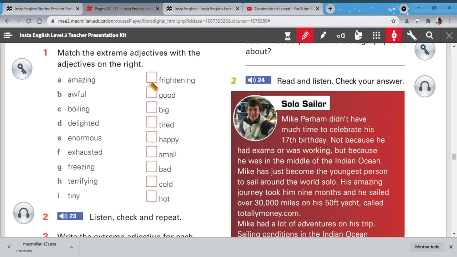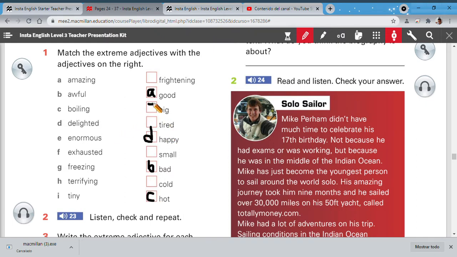So if I say amazing, amazing is like good. So this is letter A. Awful is like very bad. Boiling is like very hot. Delighted is like very happy. Enormous is like very big.